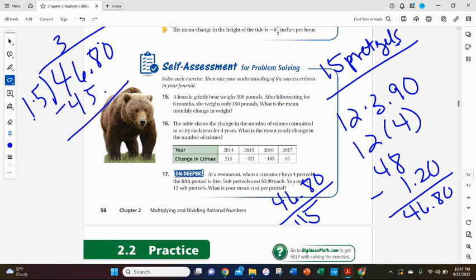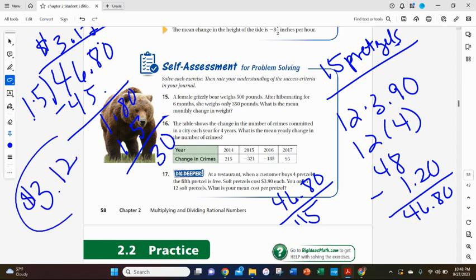You subtract, you end up with 1. And then you're going to bring down your 0.80, put your decimal point up there. 15 goes into 18 one time. So that's 15. And then you subtract, you have 30, and that's 2. So my answer is $3.12. Ooh, I like that problem.